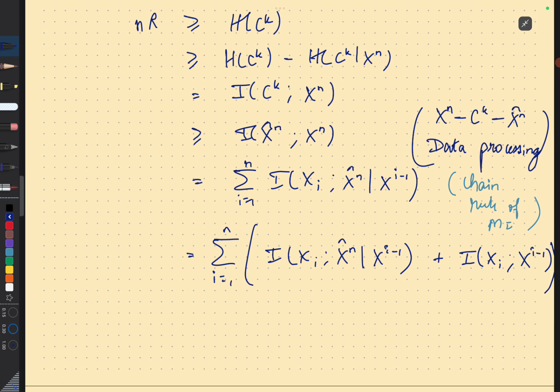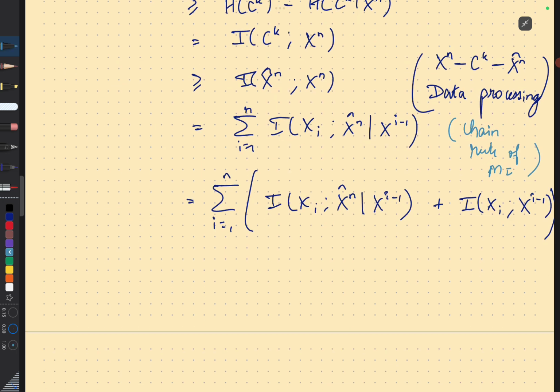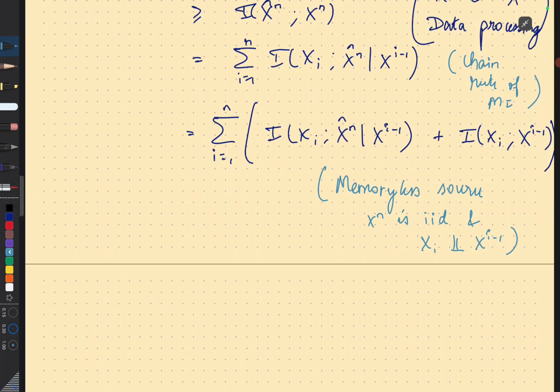So X_i is independent of X_1 through X_{i-1}. So it's a memoryless source. I can add this quantity which is equal to 0.